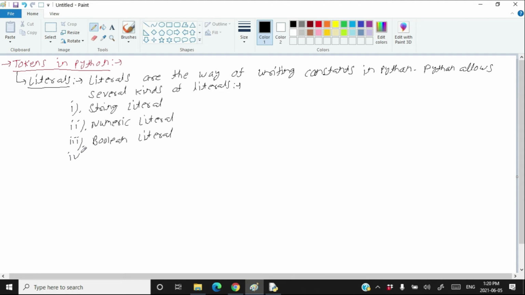The fourth one is called special literal, that is None. None is a special literal used in Python. None is a constant, None is a value. And the fifth one is literal collections.